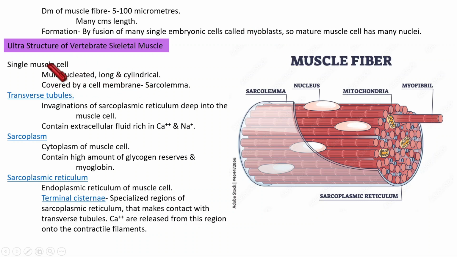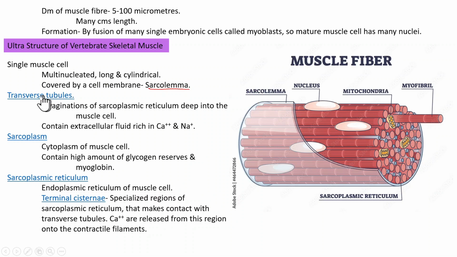And similar to all types of cells, this muscle cell is also covered by a cell membrane. The name of that membrane is sarcolemma. We can see that membrane here. This is one muscle fiber, and that muscle fiber or muscle cell is covered by a membrane called sarcolemma.